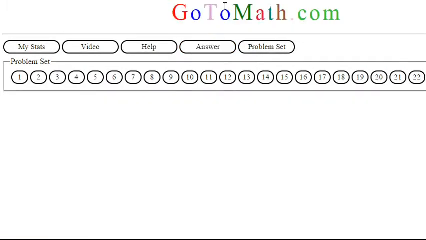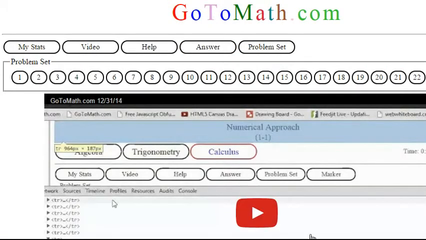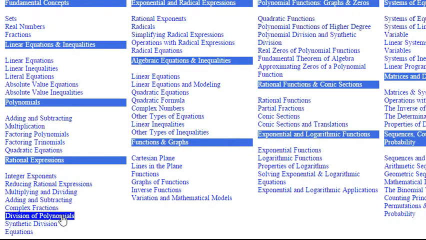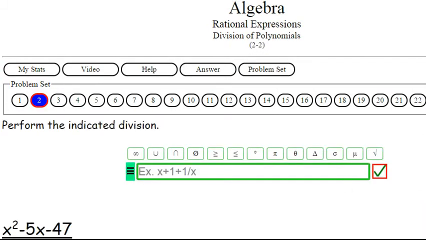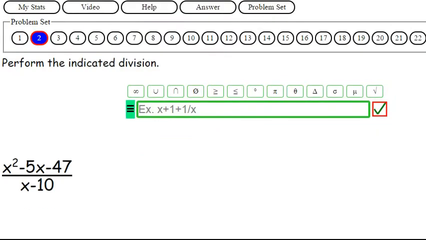Okay. So we're over here at gotomath.com. Click on the algebra. Let's go down to division of polynomials. And we're looking at 2.2. Better switch back over to blue.